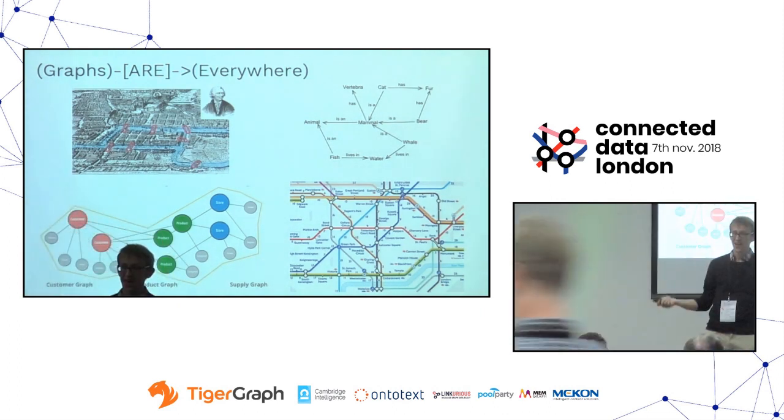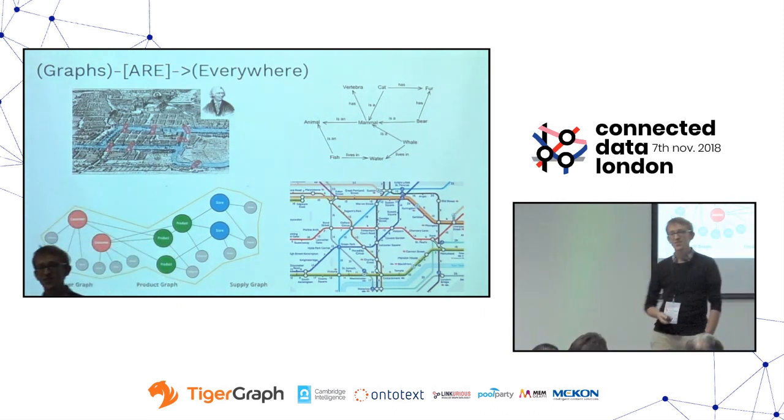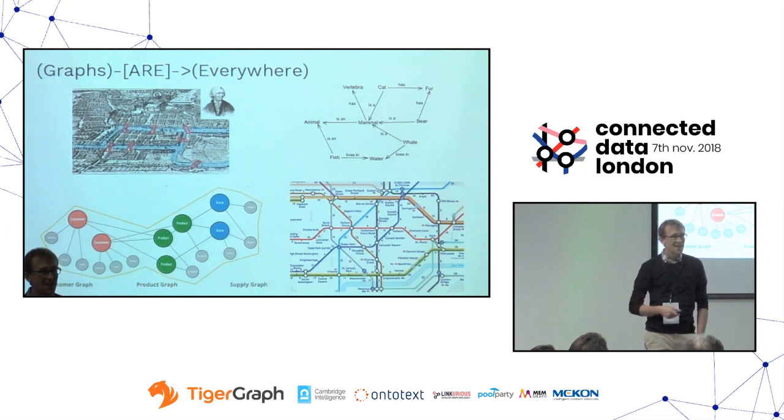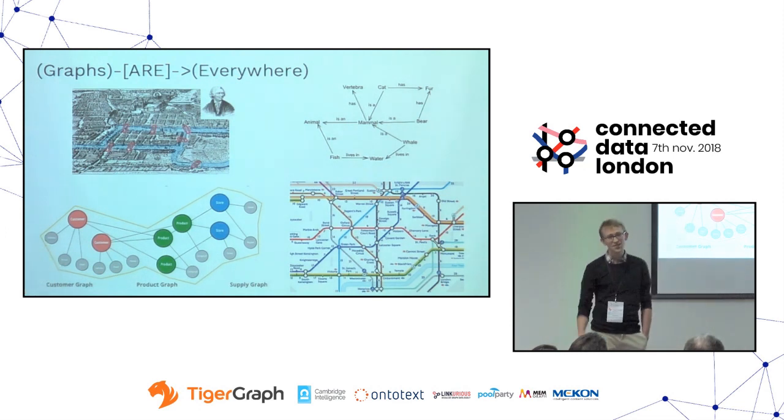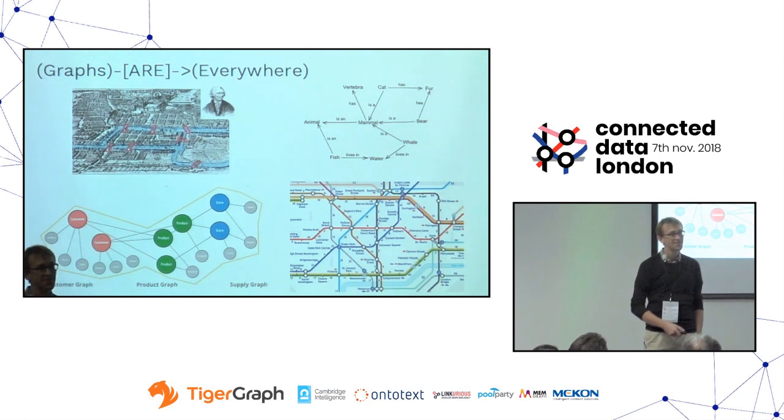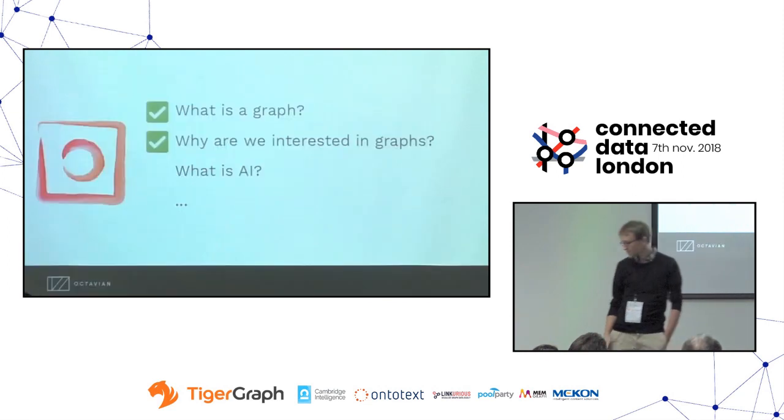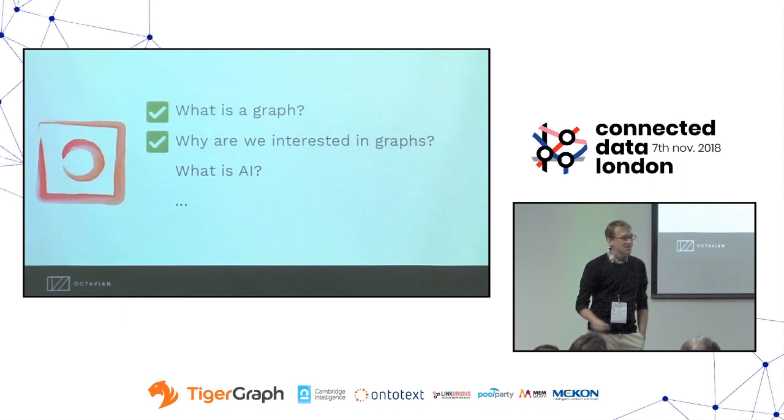My background is from computer vision research, so I'm a kind of trained neural network fanboy, if you will. And I can appreciate that these are really awesome. And I want to bring my cool neural network stuff and I want to use it on graphs. So, what is AI?